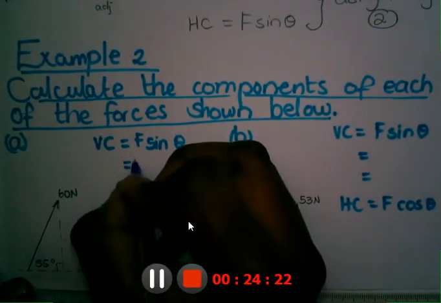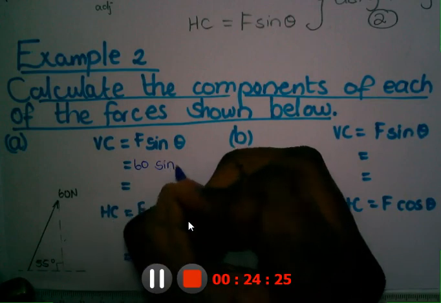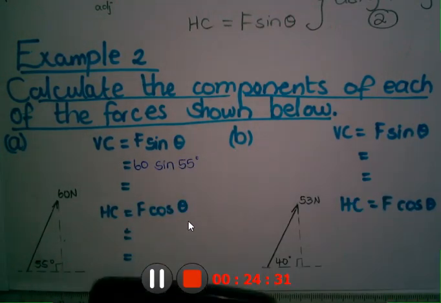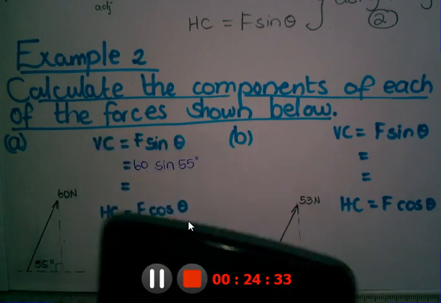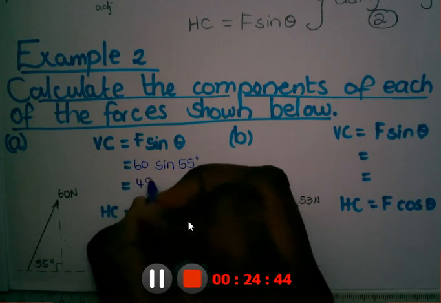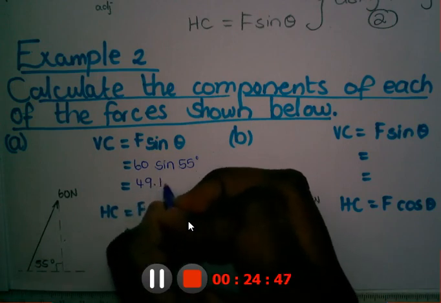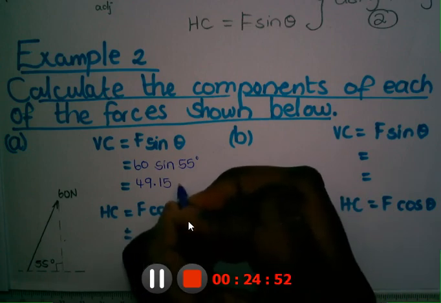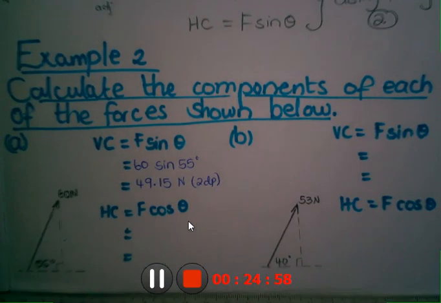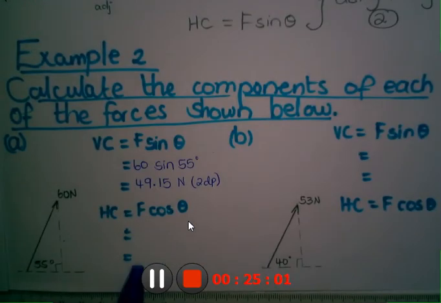So our VC will be, the force is 60 sin 55 degrees, and you do that quickly on your calculator, 60 sin 55. I got 49.1. Let's leave all our answers to 2 decimal places.